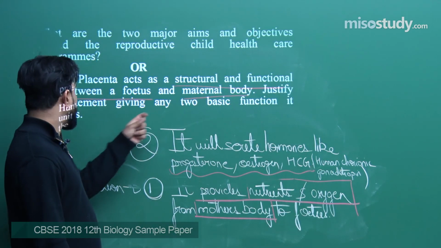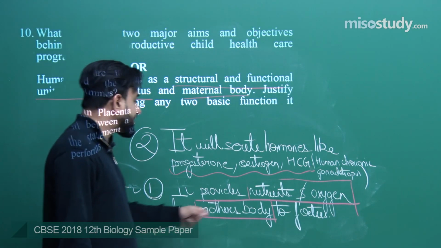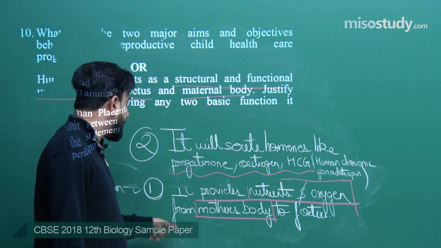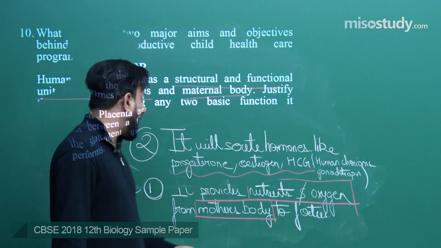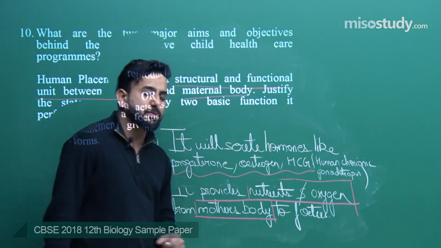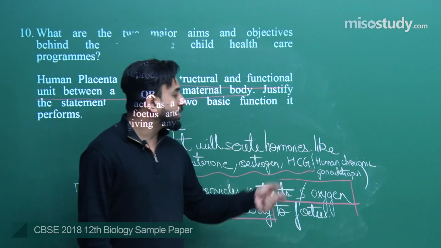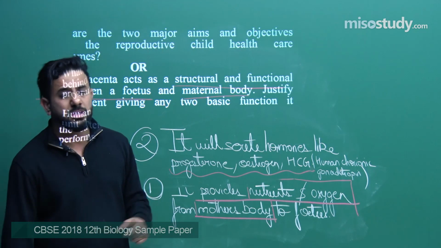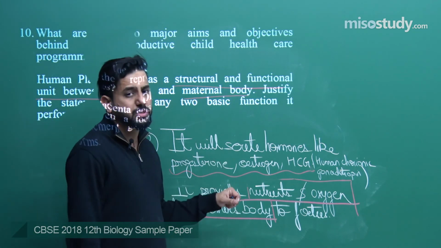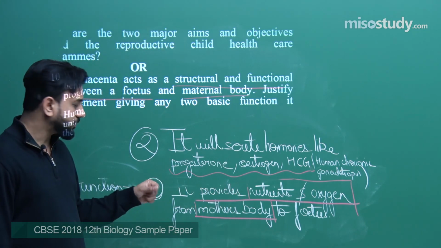So the two basic functions of the placenta: one, it provides nutrients and oxygen from the mother's body to the fetus, and two, it secretes hormones like progesterone, estrogen, human chorionic gonadotropin, and many others, which are also utilized by the fetus.